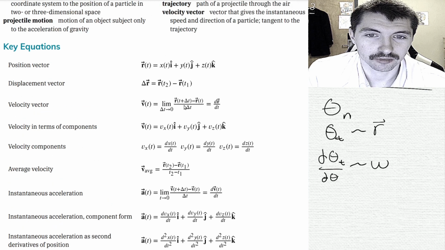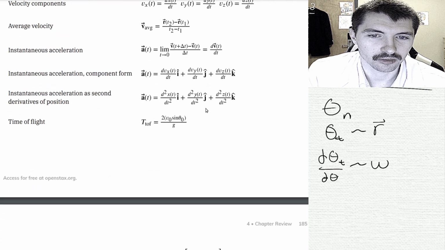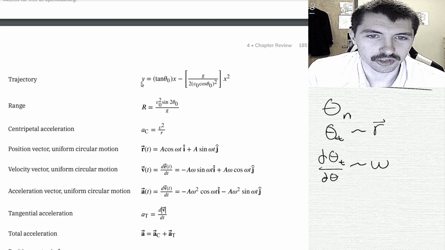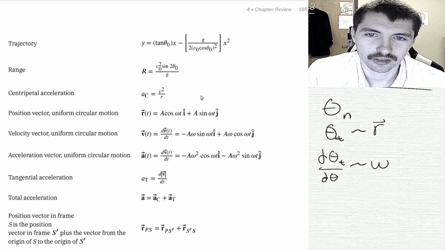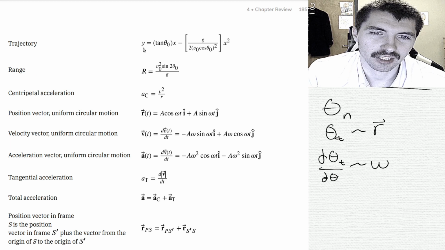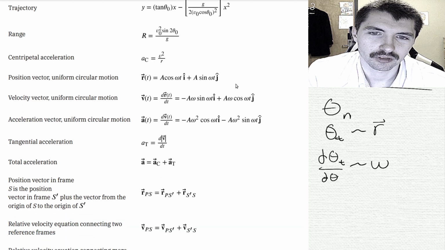These are a lot of equations. Trajectory, this is probably the one I struggle with the most. Is this the trajectory function? Just because it has a y and an x. Usually they have you solve one dimension at a time.